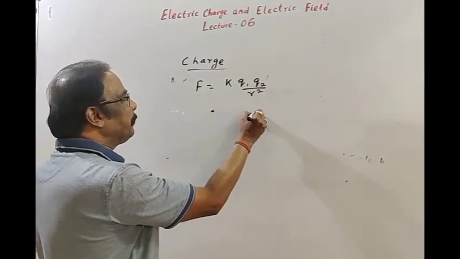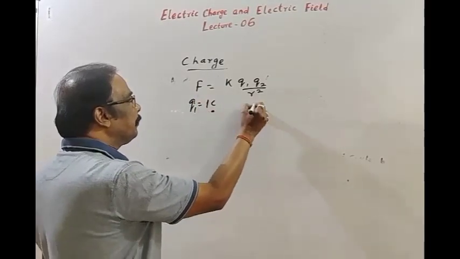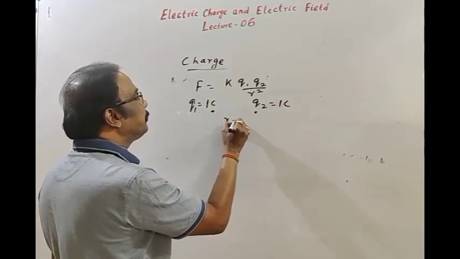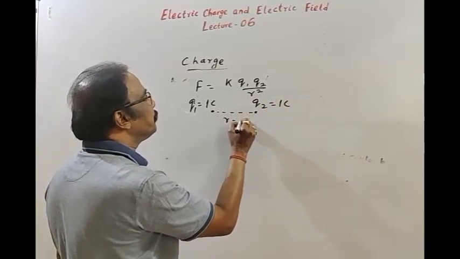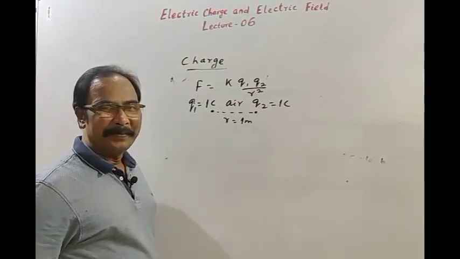Suppose these are 2 point charges. This is Q1, let Q1 be 1 Coulomb. This is Q2, Q2 is 1 Coulomb. And the distance between them is 1 meter, and the medium is air.